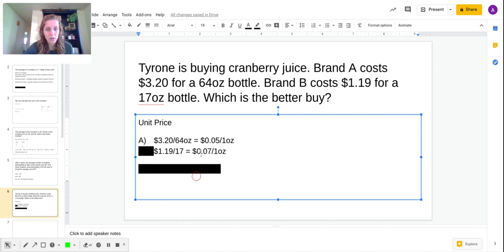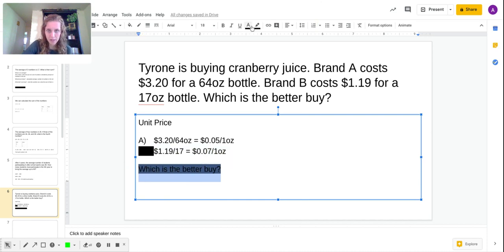So brand A costs 5 cents per ounce. Brand B costs 7 cents per ounce. So which one's the better buy? Which one are you going to get more for your money? More ounces for less money. Think about that for a minute.